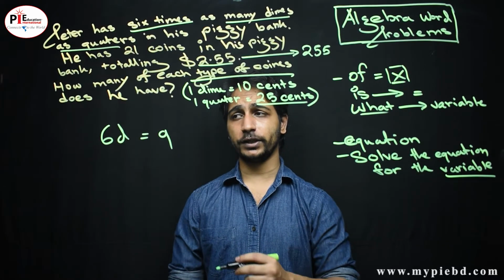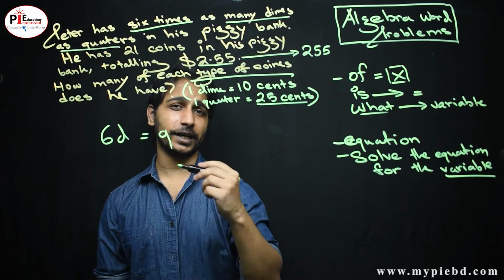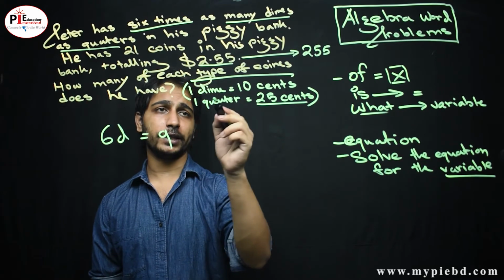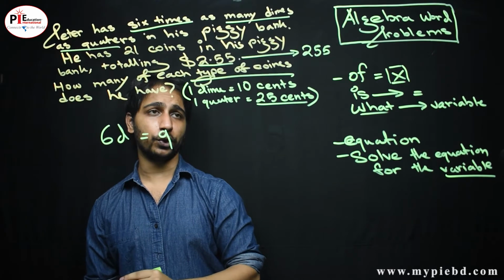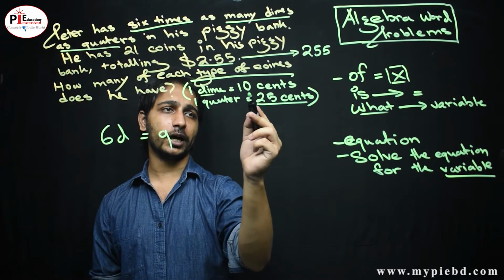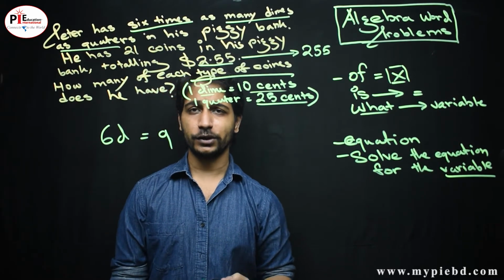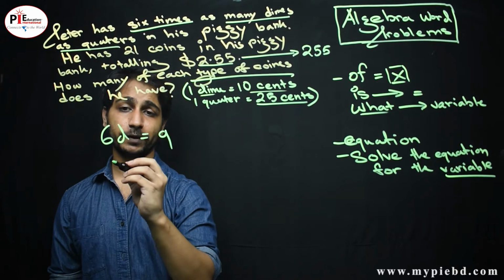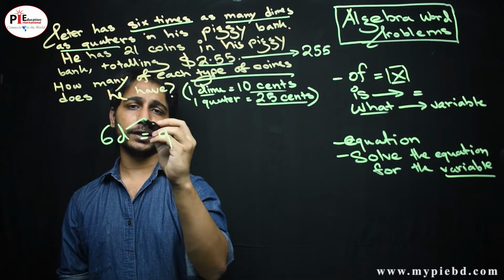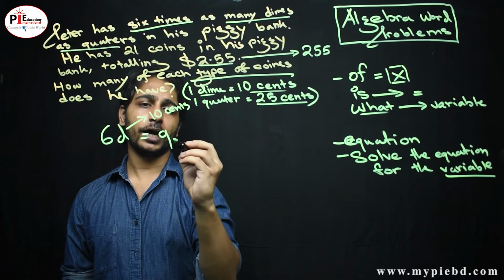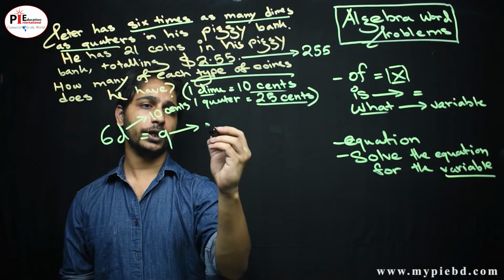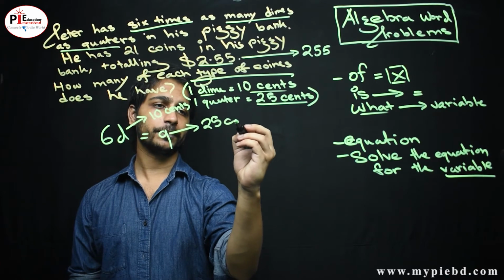Alternatively, what we could do is set both of these variables as x. We know that the number of dimes he has is 6 times as many as quarters. We also know that each dime is worth 10 cents, and Q is worth 25 cents.